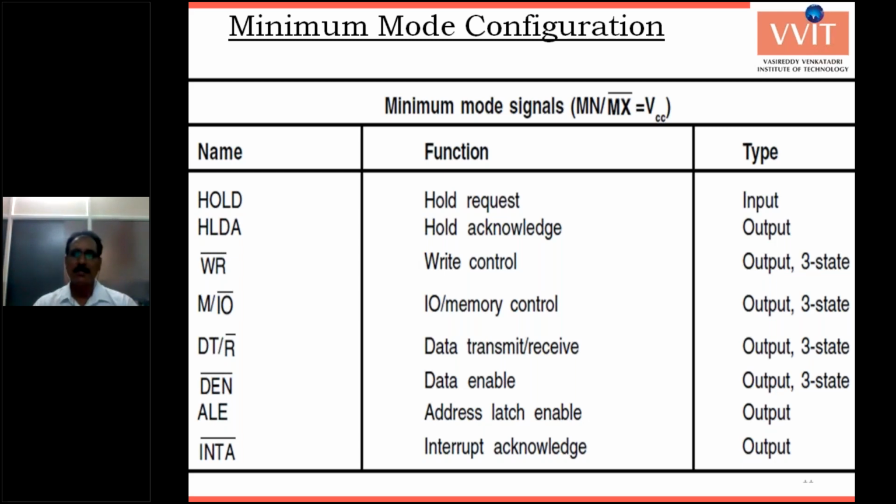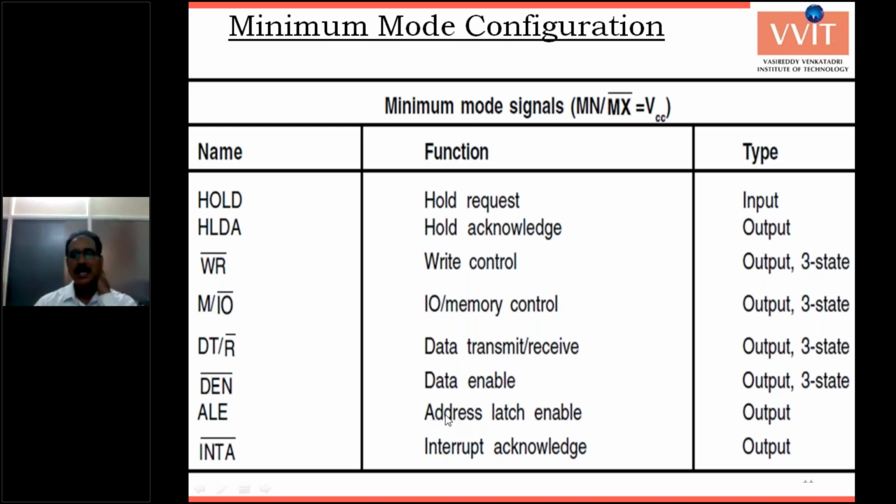It is dual purpose. It carries either the address or the data. If it is data, D0 to D7 on AD0 to AD15, DEN bar is indicated as 1 or 0. If it is 0, AD0 to AD15 content acts as the address. Otherwise, the content acts as the data.